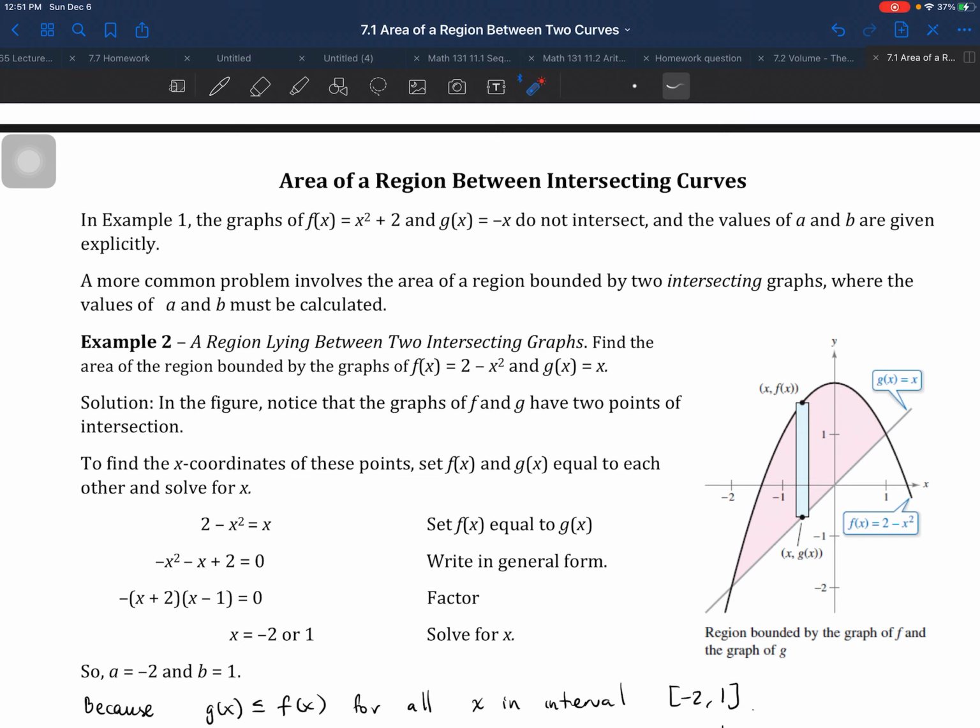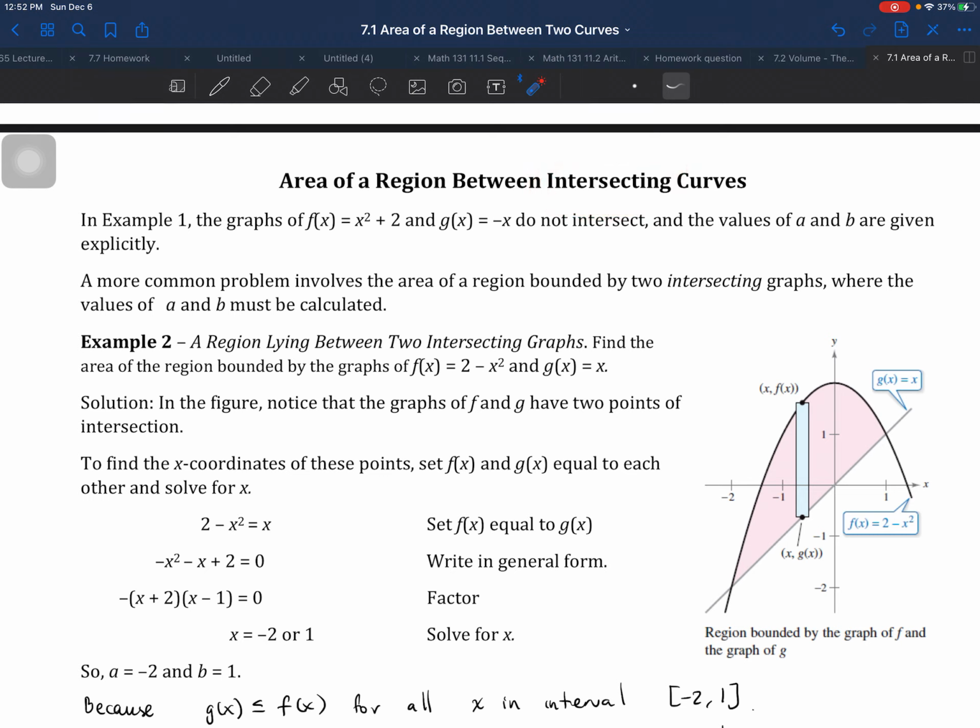The next example is asking us to find the area of the region between the intersecting curves. If you notice, when they tell you the word intersecting, that's a clue that they won't give you the boundaries a and b. Instead, to find the boundaries a and b, you will find them by looking at the places where the two curves intersect.